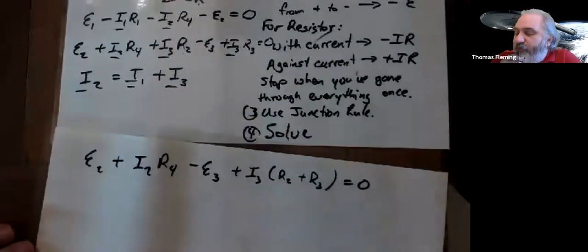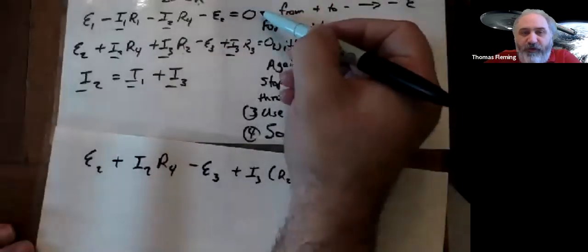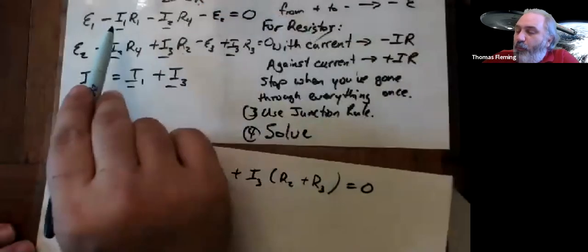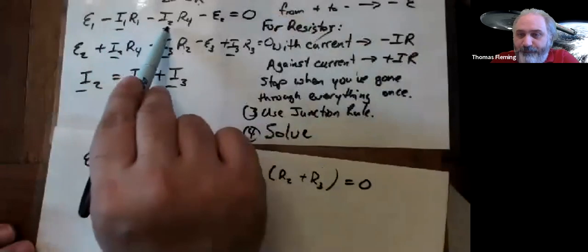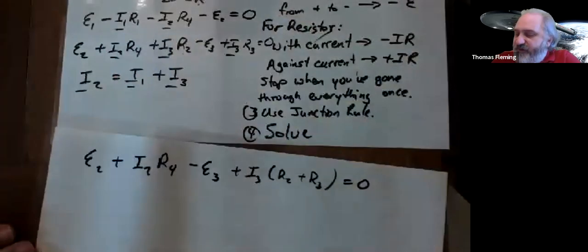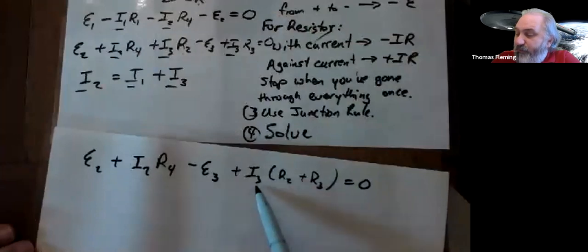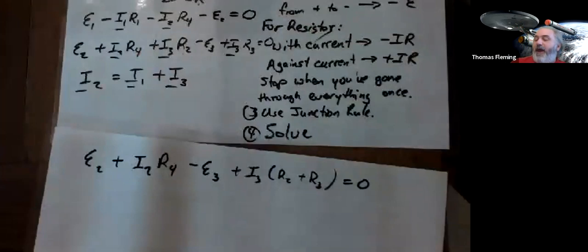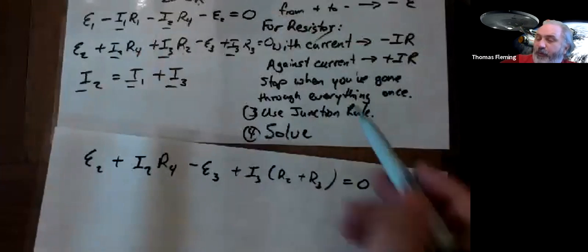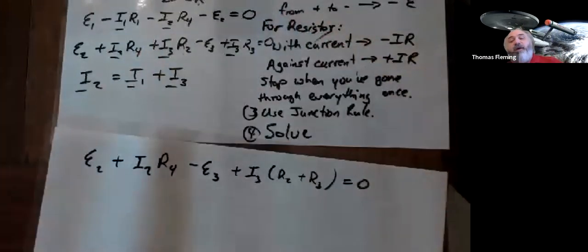Now, the thing that I notice is that equation 1, this first equation, has current 1 in it and current 2 in it. This equation here, though, has current 2 in it and current 3 in it. So what's happening is I'd love to combine this equation with this equation. And the easiest way to do that is with some kind of substitution.